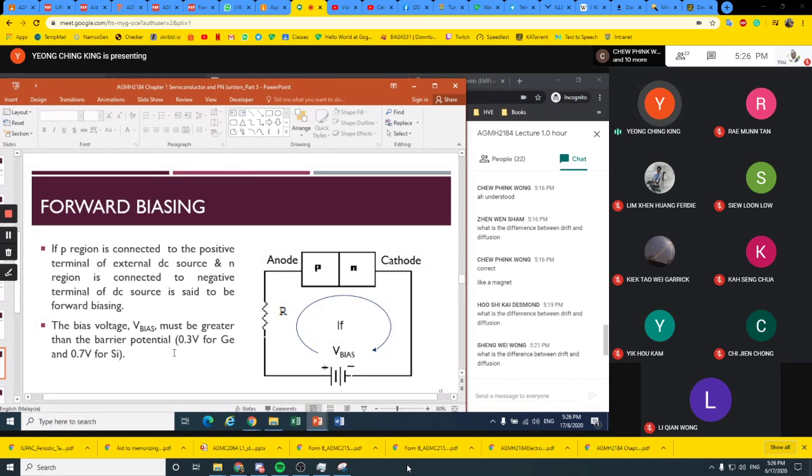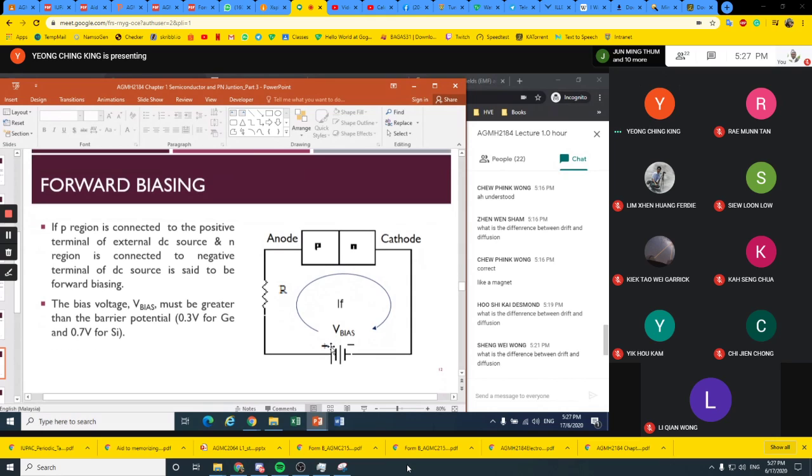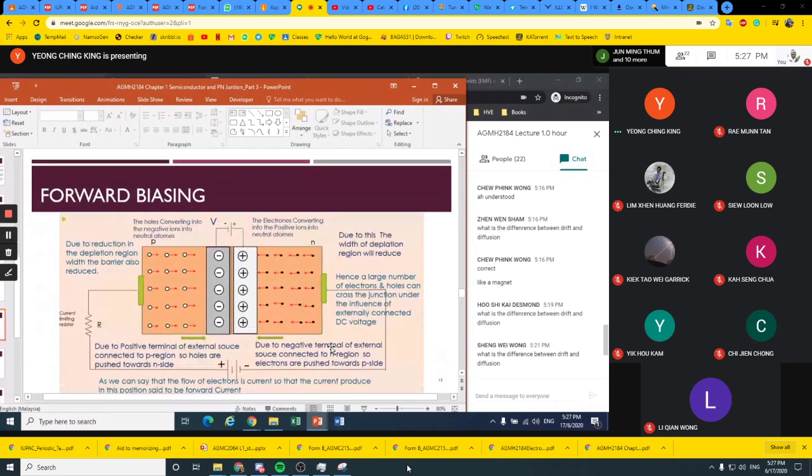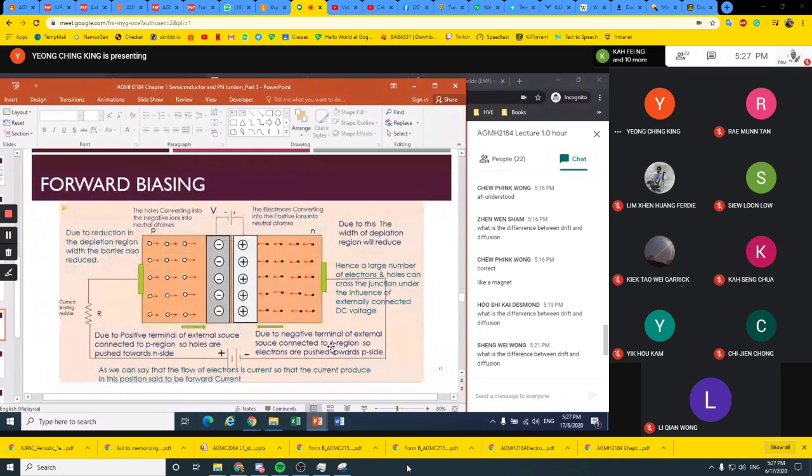For example, for germanium 0.15 until 0.4, or silicon 0.6 until 0.7 or 0.8. So this is the range.